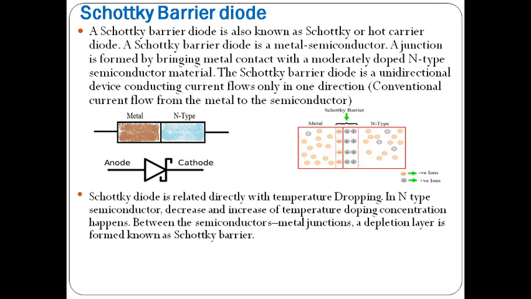This barrier is a very small value. The depletion layer between the semiconductor and metal junction is called the Schottky barrier. In this metal, mostly we use palladium, tungsten, gold, or chromium materials.